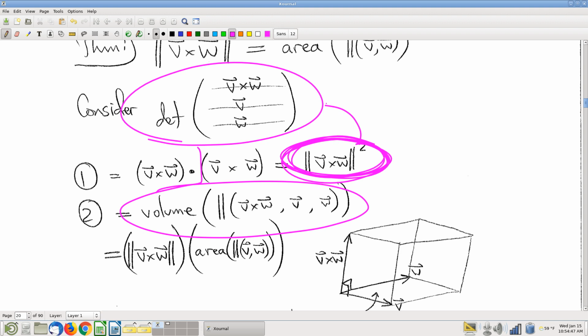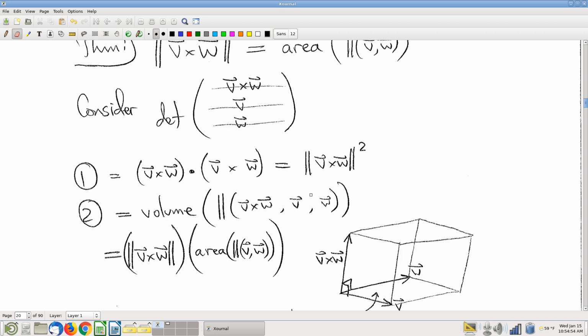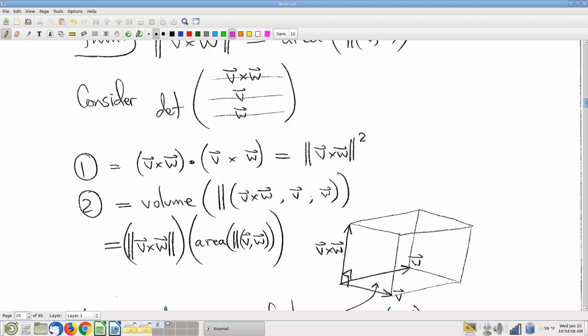Okay, so this volume. Now, let's see here. I'm going to compute that volume. Let's write down the three vectors that I have. There's V, and then there's W. And the third vector, you'll notice, is V cross W. Well, that's what we're faced with.